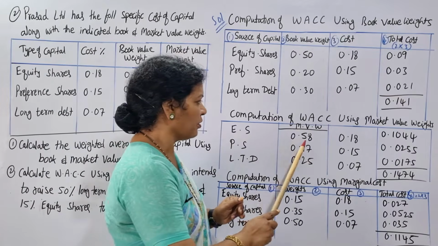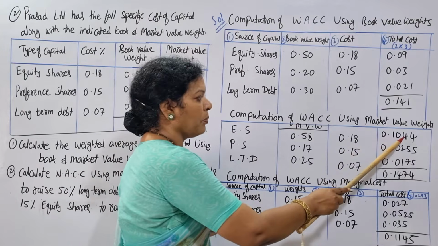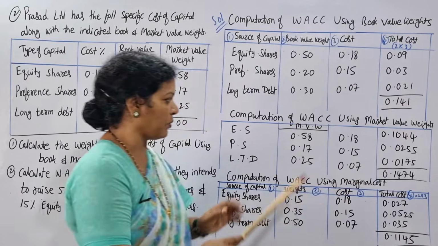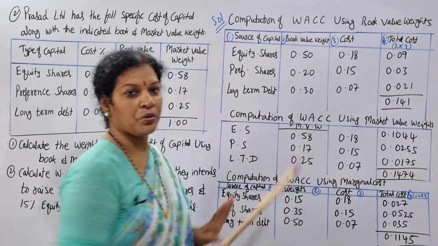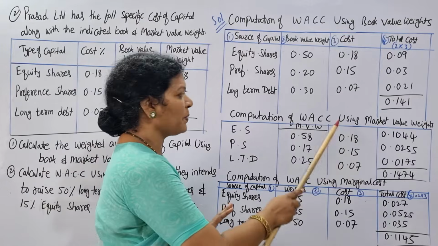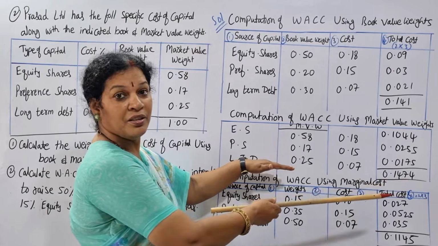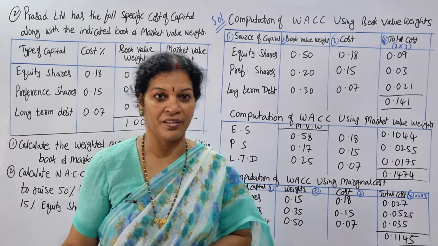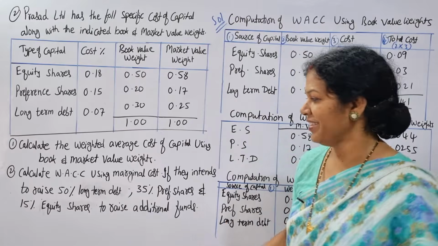It means 0.58 into 0.18 comes to 0.1044. When we multiplied the second column and third column, we got the fourth column. This is as per the market value. Did you understand up to here? If yes, then we will go for the second bit, what they are asking. Clear?